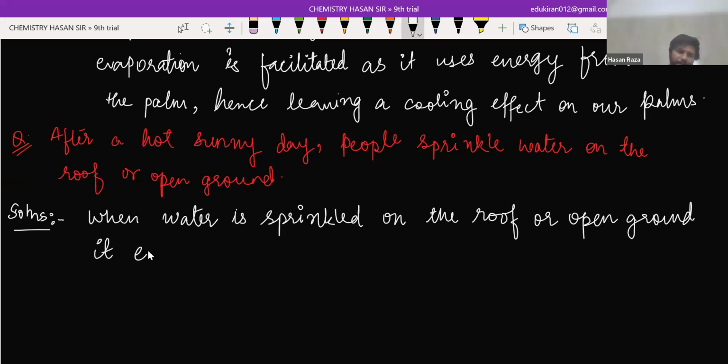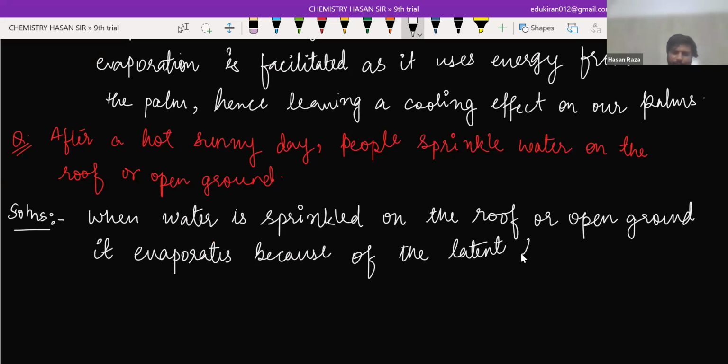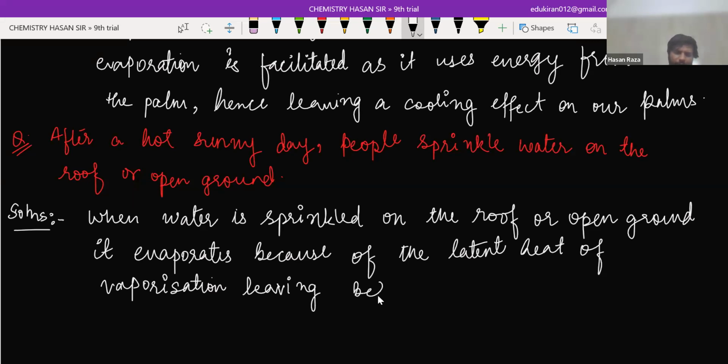It evaporates because of the latent heat of vaporization, leaving behind a cooling effect.